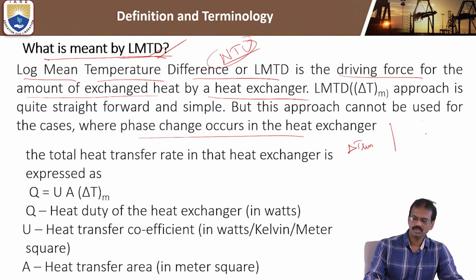The total heat transfer rate mainly. If you see the graph, this is the hot fluid inlet to cold fluid outlet, hot fluid outlet, cold fluid inlet. Every time the graph is like this, at every point the rate of heat transfer values will be varying.